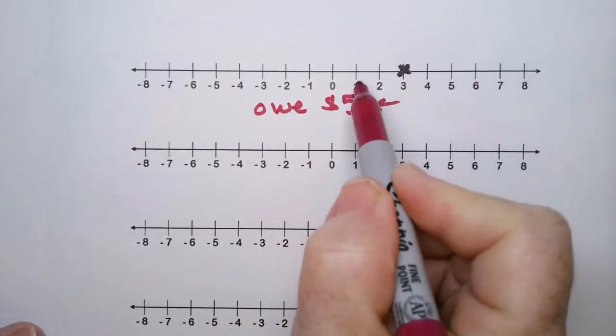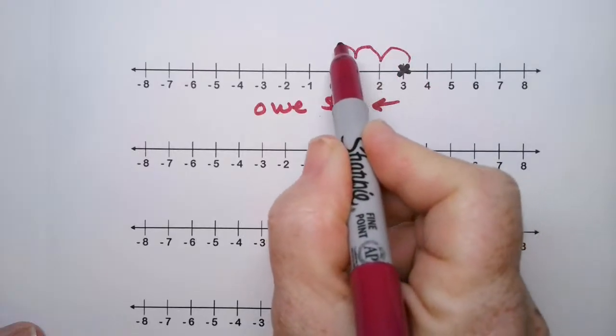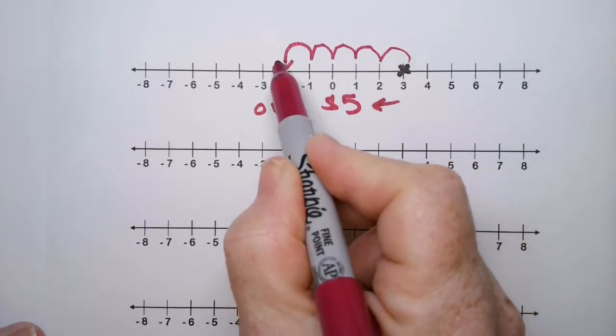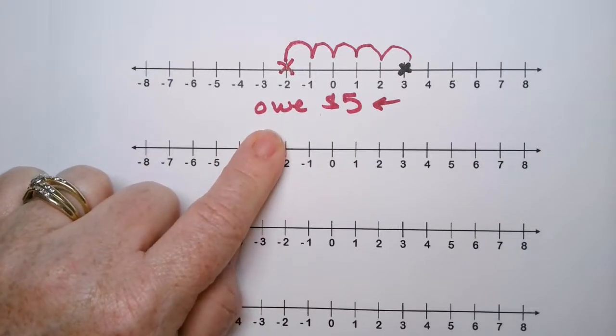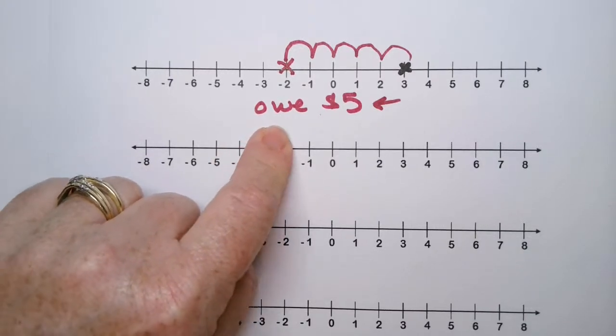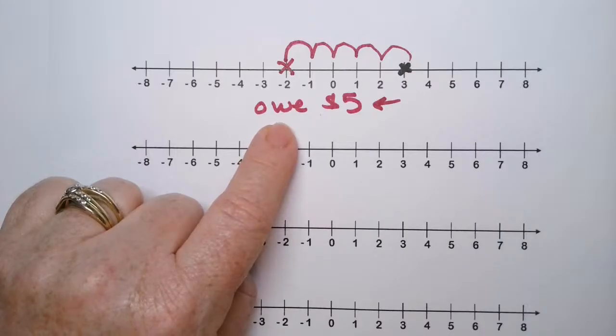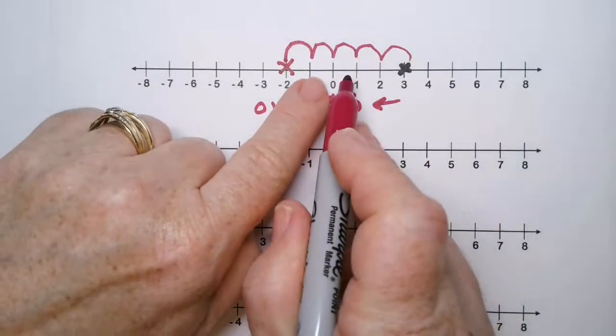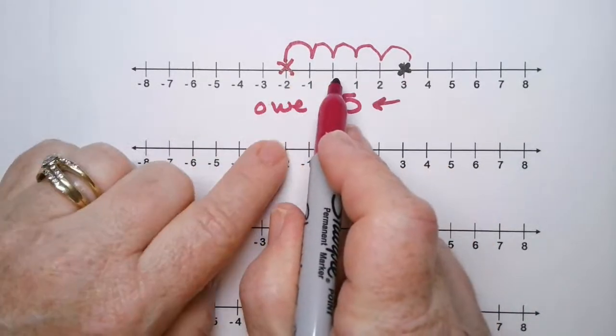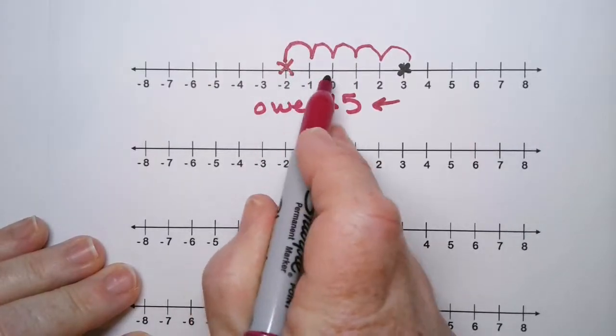So that's going to be 5 jumps. 1, 2, 3, 4, 5. Okay. Can you have a negative $2 in your pocket? Well, not in the terms of bills, but you might write an IOU. It says, hey, I owe you $2, right? To remind yourself, right? Okay, so you could pay them 3. That gets you to 0. But then you still owe 2 more that you don't have.